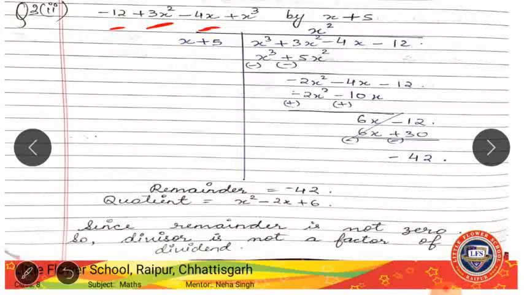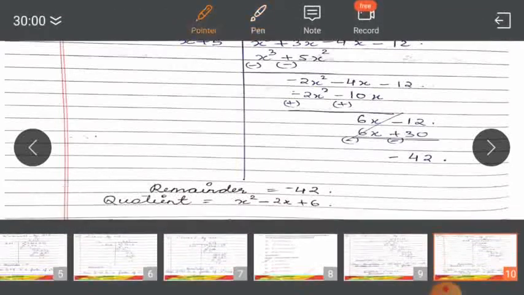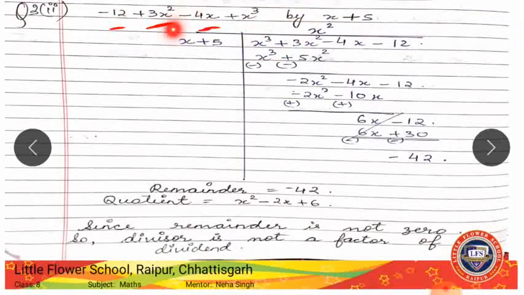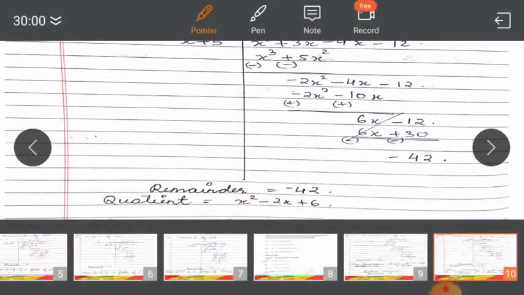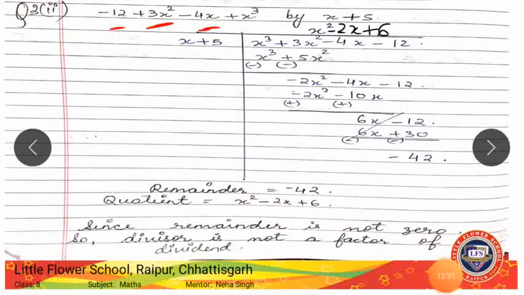Now the question is the same as the questions we have solved till now. So now what you can do, I'll repeat the steps once again, and then you can solve these questions. You can go through this question. What we'll do first, we will divide the first term of the dividend with the first term of the divisor. That will be my quotient, right?